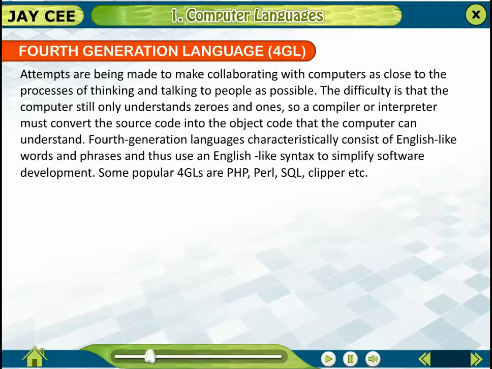The difficulty is that the computer still only understands zeros and ones, so a compiler or interpreter must convert the source code into the object code that the computer can understand. 4th generation languages characteristically consist of English-like words and phrases and thus use an English-like syntax to simplify software development. Some popular 4GLs are PHP, Perl, SQL, Clipper, etc.